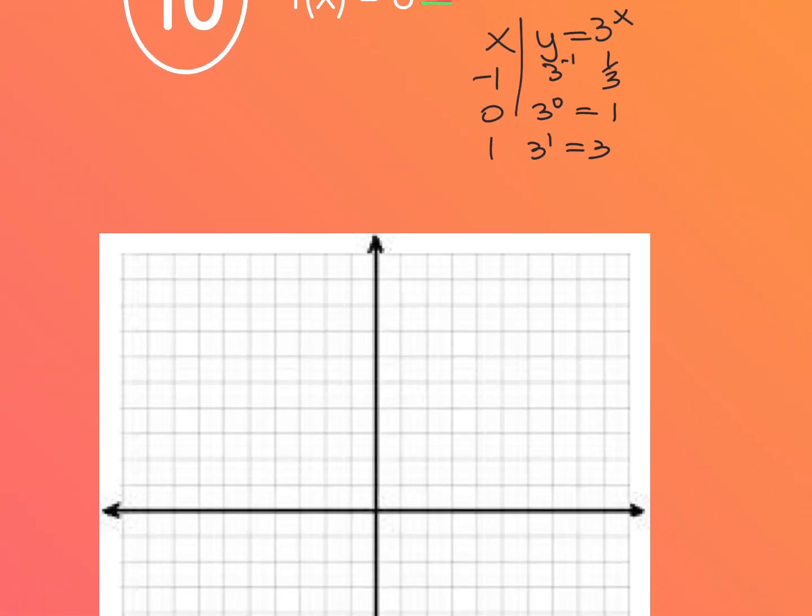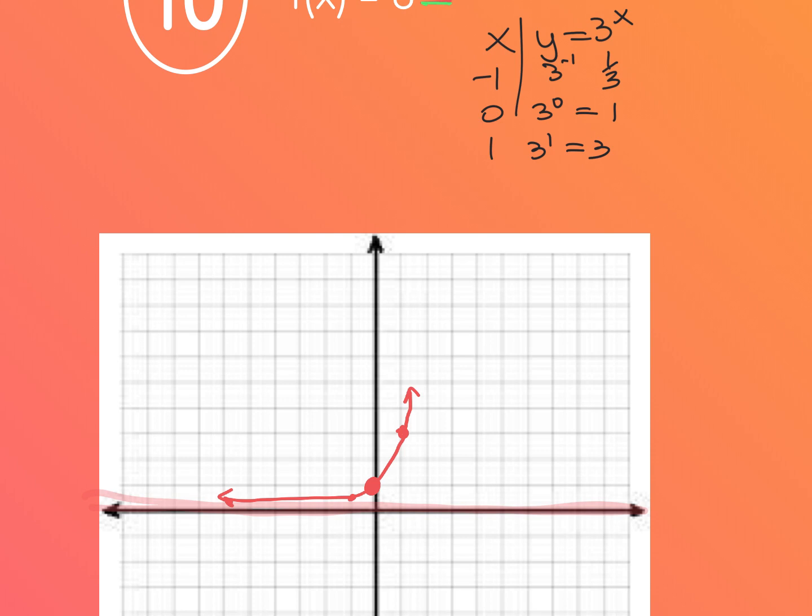So once I graph my asymptote first, and then my ordered pairs here, and let me do it in red so it matches. And then here's that one. Now, if you don't want to connect the dots and just leave the dots and then shift them, you can do that.